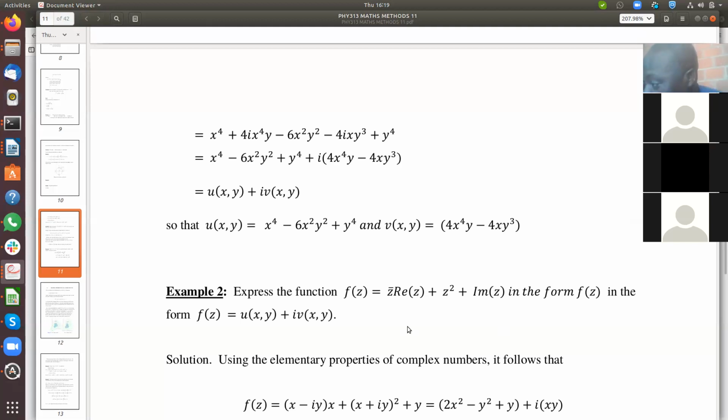Z. Z, good. And z is equal to what from our complex number? x plus iy. Good. z is equal to x plus iy.